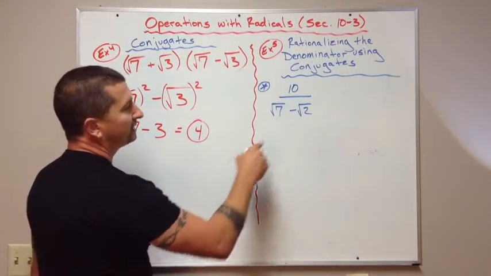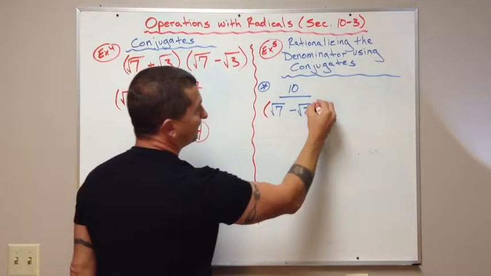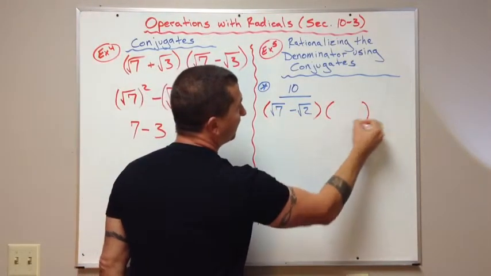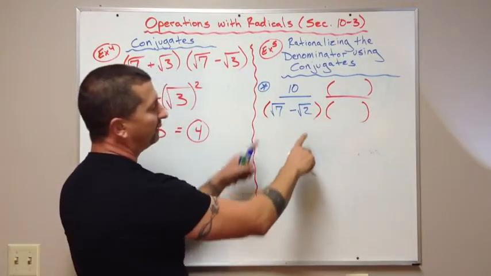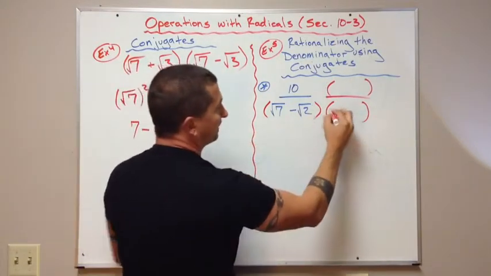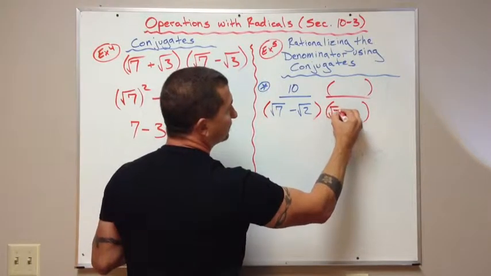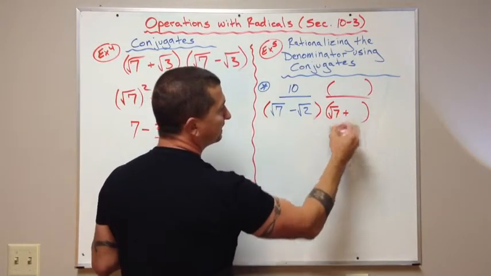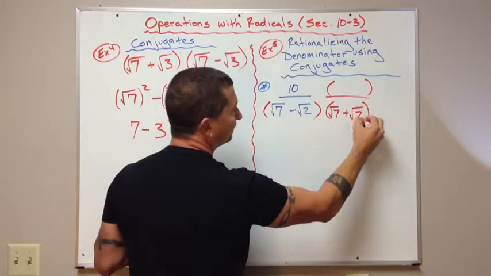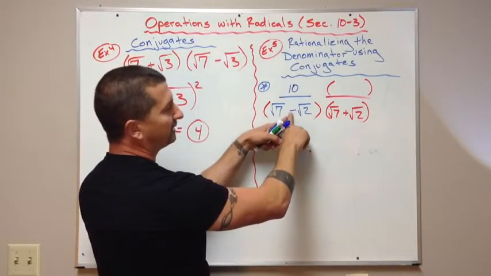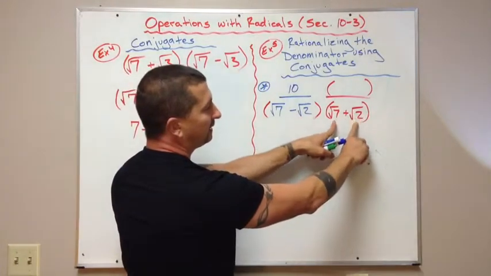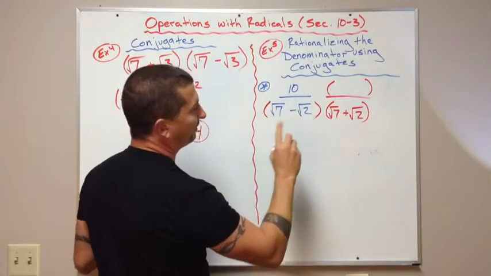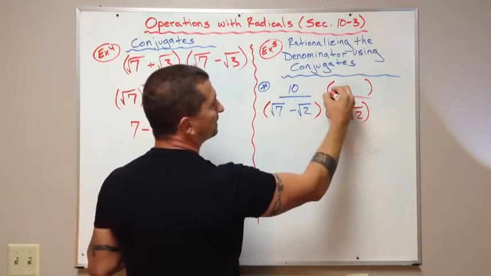And the way to do this is to simply multiply the numerator and the denominator by the conjugate. So we have square root of 7 plus the square root of 2. All we do is we take the opposite operation with the same two radicals, and then we'll go from there. We need to put the same thing up top.